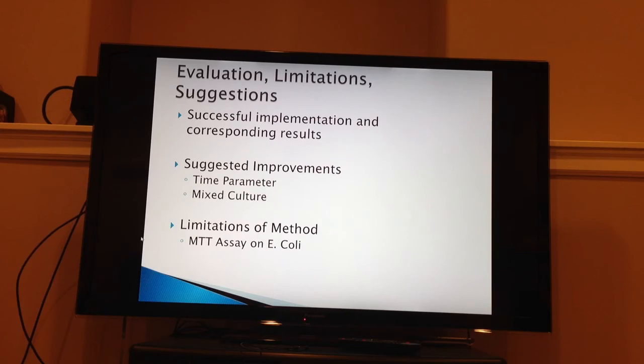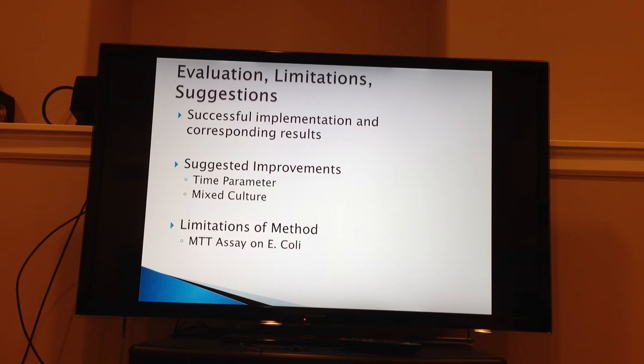Finally, there was one limitation which I noticed after collecting data in the MTT assay. In contrast to eukaryotic cells, for which MTT is widely used as a viability assay and consistently provides very thorough and stable results, E. coli and bacteria in general lack the mitochondria and instead generate ATP through cytosolic processes.